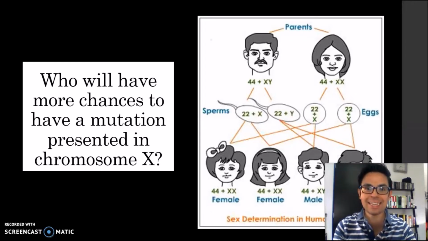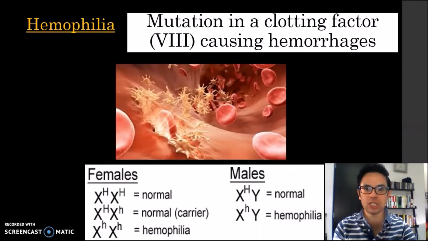Now, if a gene in the X chromosome is mutated, girls can have another copy of the affected gene in the other chromosome. But in the case of the boys, or the males, we only have 1 copy. If we got 1 gene with a mutation in the only copy that we have of the X, we will have the mutation.